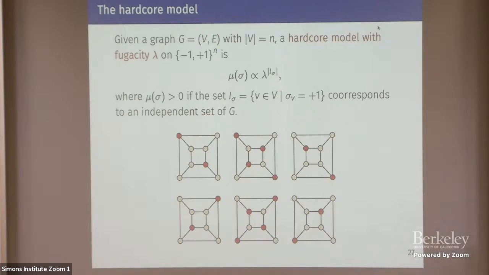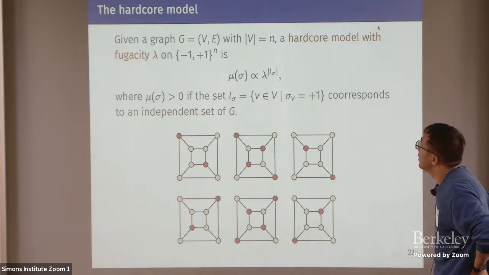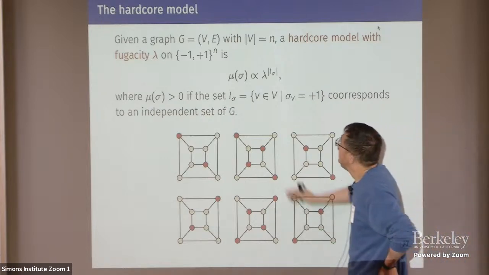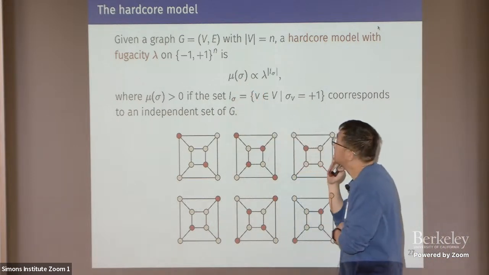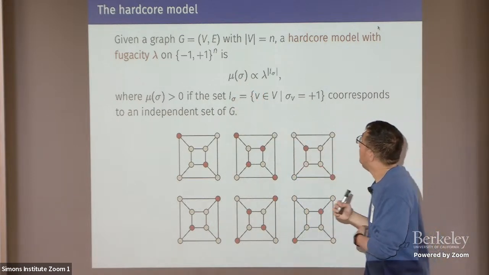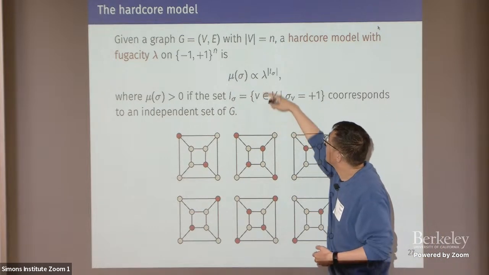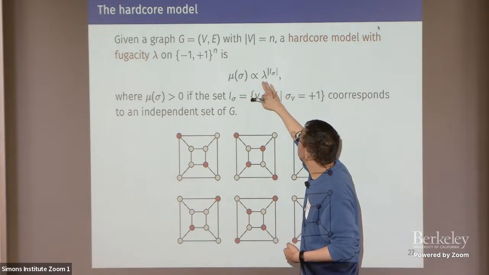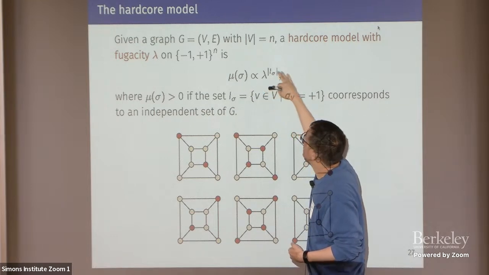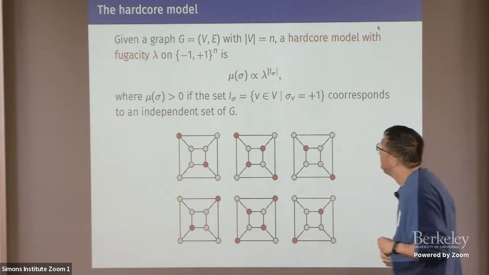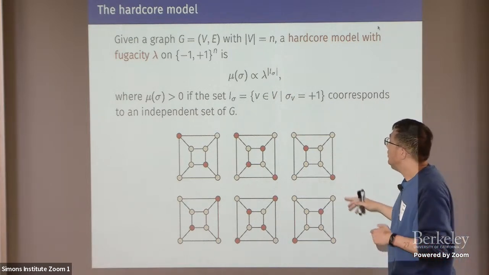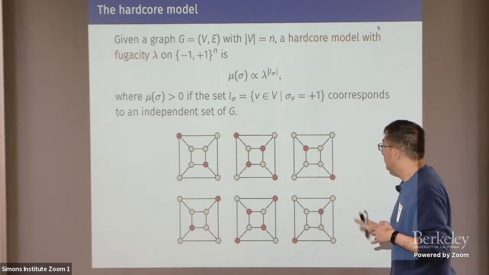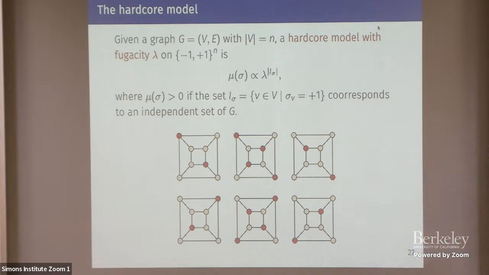This hardcore model is again a measure on the Boolean hypercube, and a configuration sigma has positive value if it's supported on some independent set of a graph, and its density is proportional to lambda, the fugacity parameter, to the size of the independent set. And so in this graph, you can see that the red ones, I draw all the independent sets here.